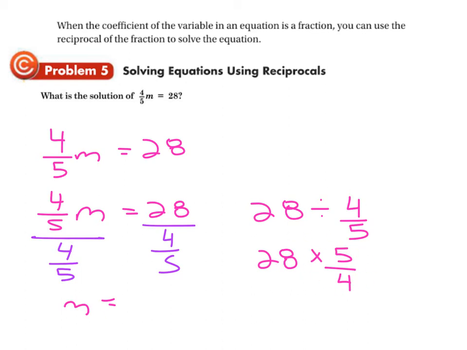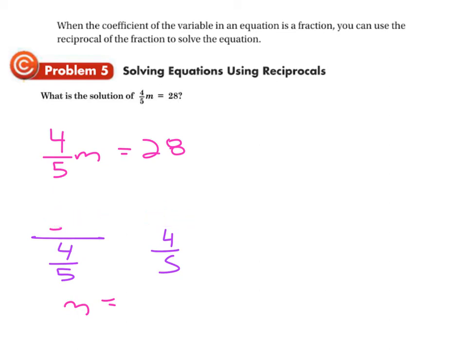So we could just as easily go back and say, instead of writing divided by 4/5, let's write times the reciprocal, because that's how you do division problems.